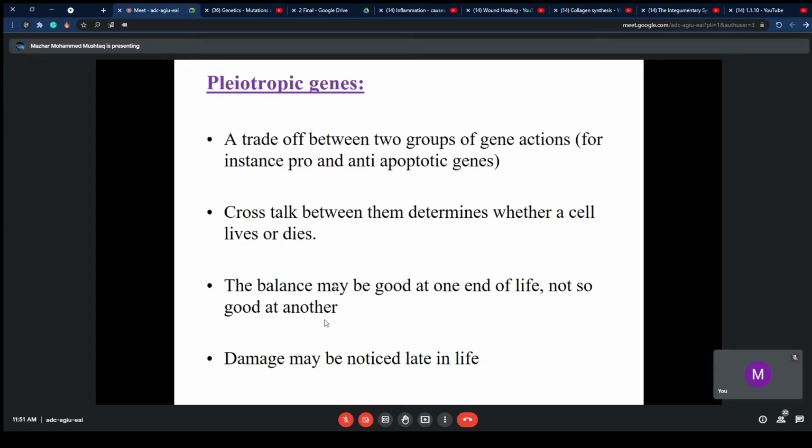But at the end of life, what happens? Only apoptotic genes are there, but the anti-apoptotic genes may not be there. So this will happen at the end of our life, and this is happening in early life, so damage may be noticed later in life.